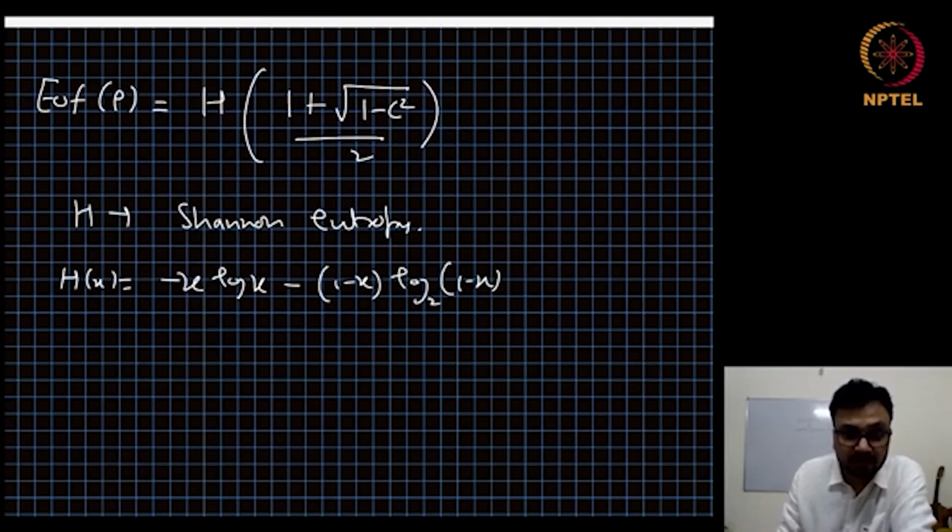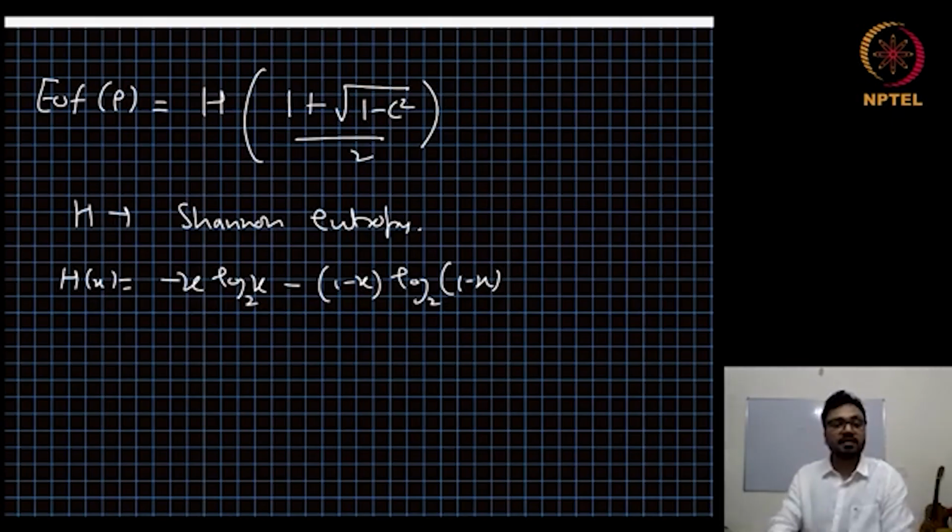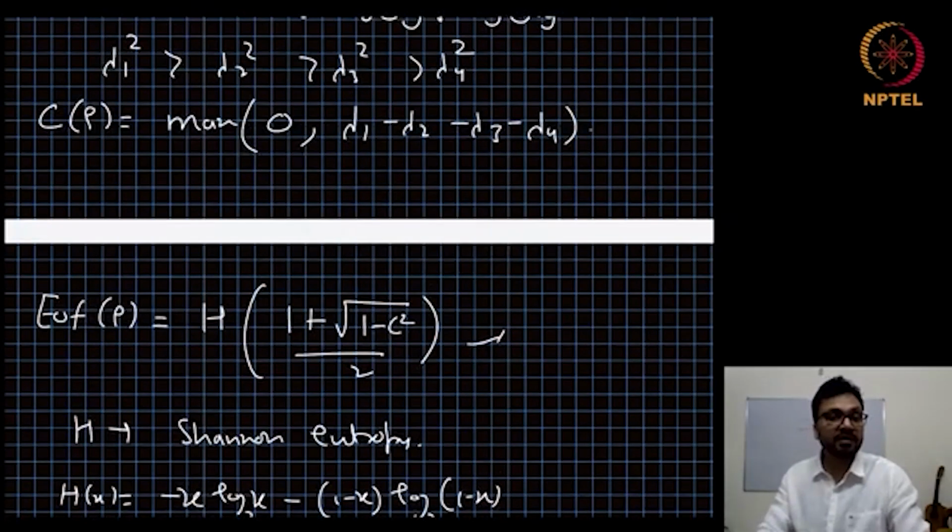Log is always base 2 here. And in that way, we can calculate for a two-qubit system the entanglement of formation in a closed form. This is the entanglement of formation, but if we don't want to go one step forward, this concurrence itself is a valid measure of entanglement, and most often this is what is used as a measure of entanglement for a two-qubit system.